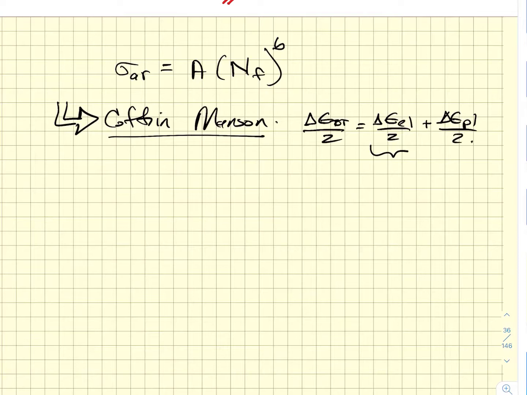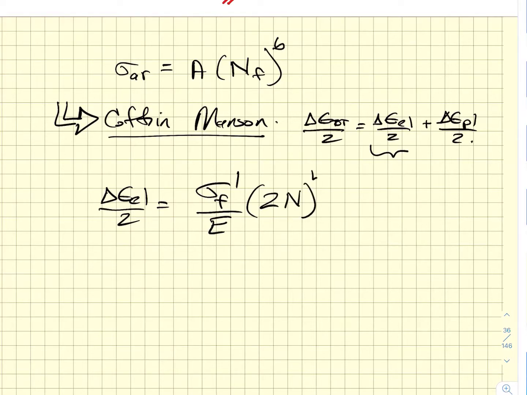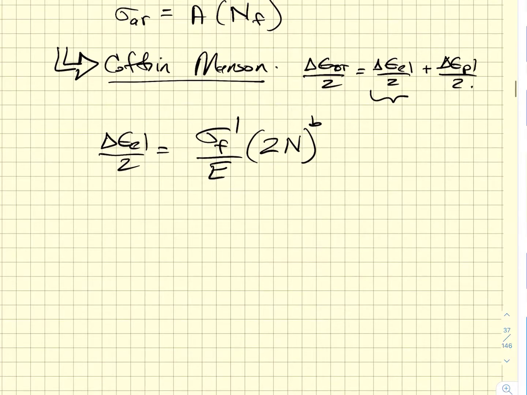And we're going to focus on this part because the elastic strain amplitude, we said, was related to the sigma F prime over the elastic modulus times the number of reversals to the power B. So there's the rub that we're trying to sort out. And what we do is we multiply that elastic modulus times this elastic strain amplitude. It's going to be equal to sigma F prime times 2N to the B.